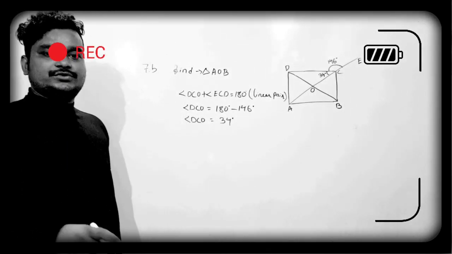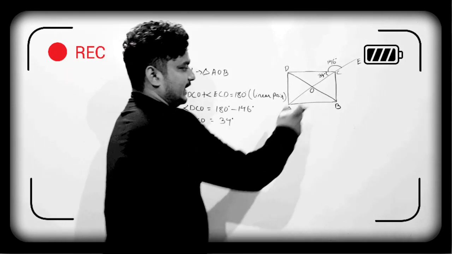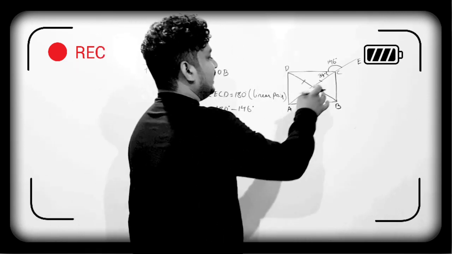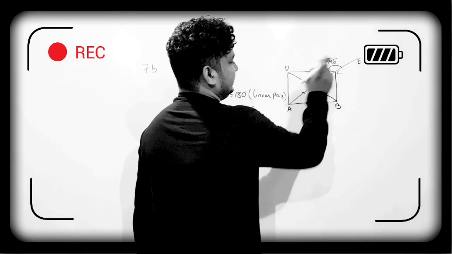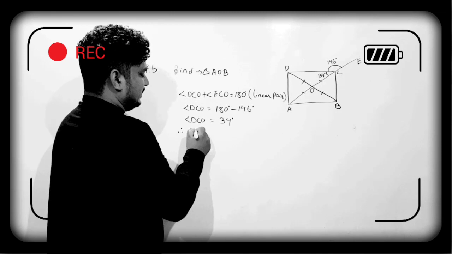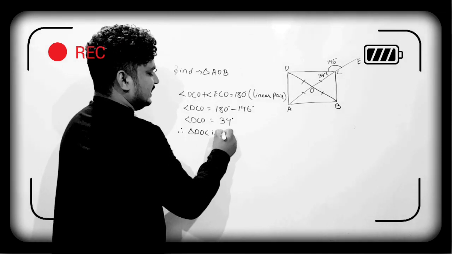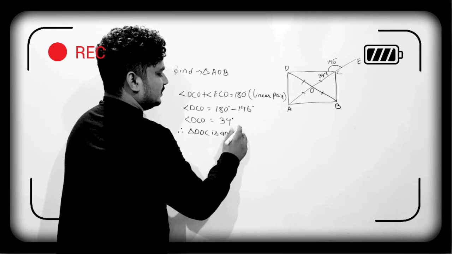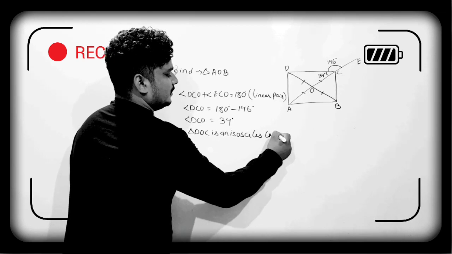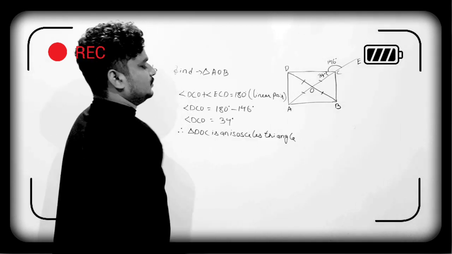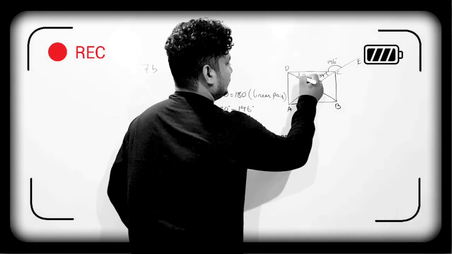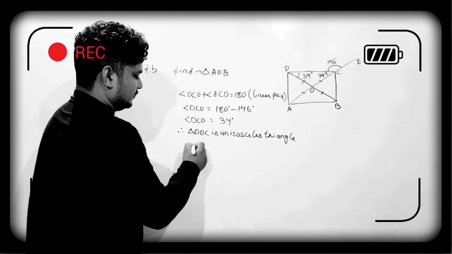Again, as in the previous question, you know that the diagonals of a rectangle bisect each other equally, so these will all be equal. Now we can tell that DOC is an isosceles triangle. So triangle DOC is an isosceles triangle, and both these sides are equal, so this particular angle will be equal to 34 degrees.